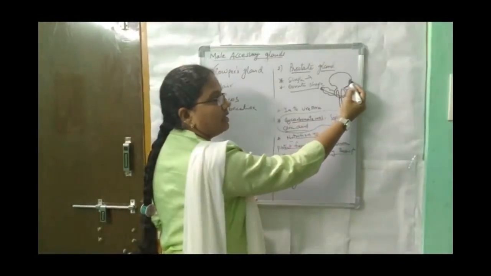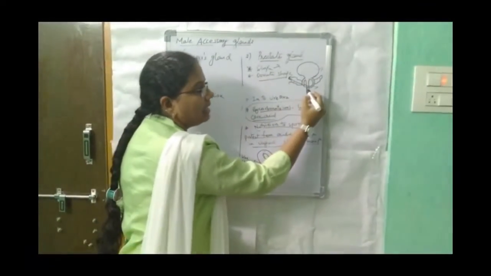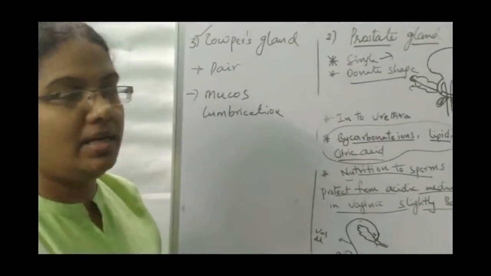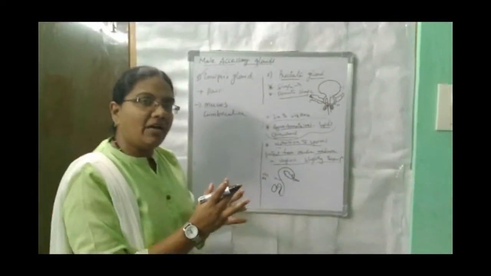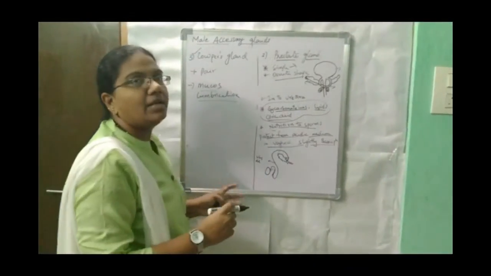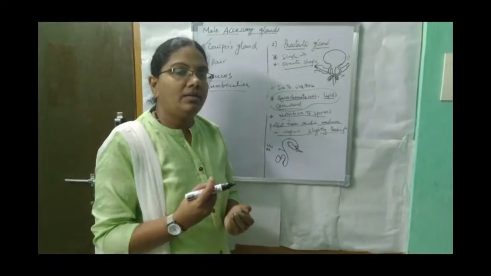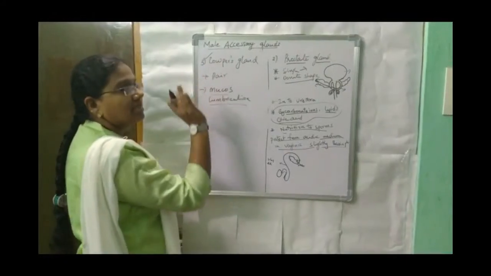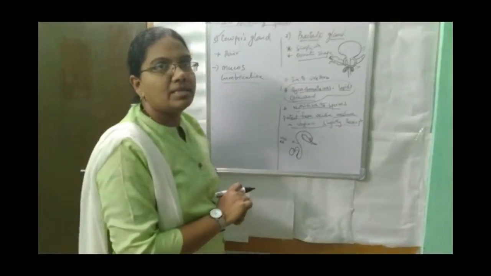For example, this is the urinary bladder, prostate gland, seminal vesicle. Here, one pair of Cowper's glands. They are beside the penis, just behind the penis region. They produce mucus to lubricate the penis for ejaculation or insemination process. These are the main glands. First gland is seminal vesicle, second is prostate gland, third is Cowper's gland.